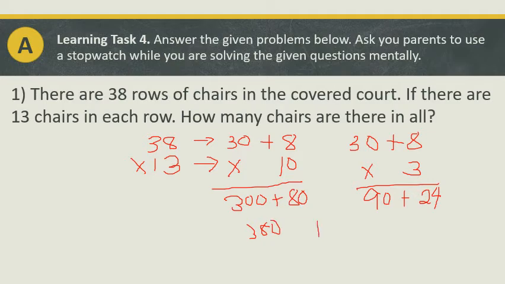Then, ang 90 plus 24 ay 114. So, kapag pinagsama natin siya, ang 0 plus 4 ay 4, ang 8 plus 1 ay 9, ang 3 plus 1 is 4. So, magiging answer natin is 494.